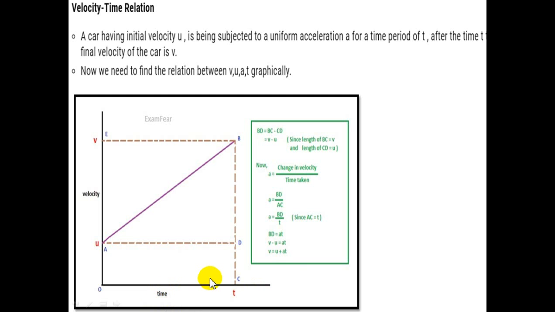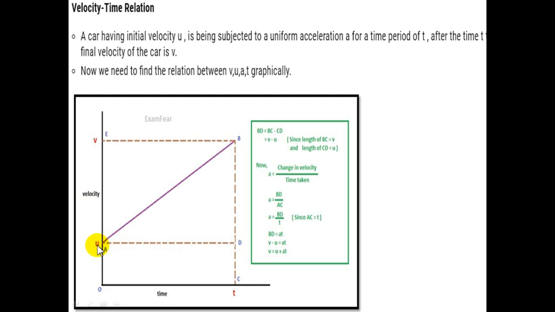Suppose a car has an initial velocity of u and is subjected to a uniform acceleration a for a time period of t. The car moves with uniform acceleration up to here, and now it stops here.